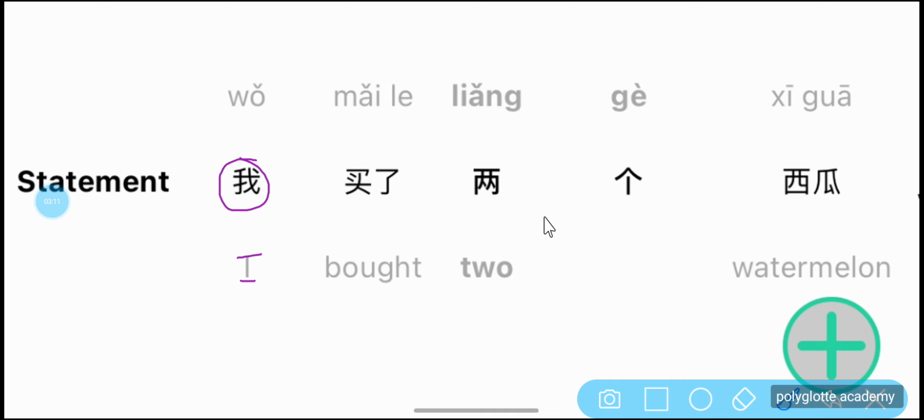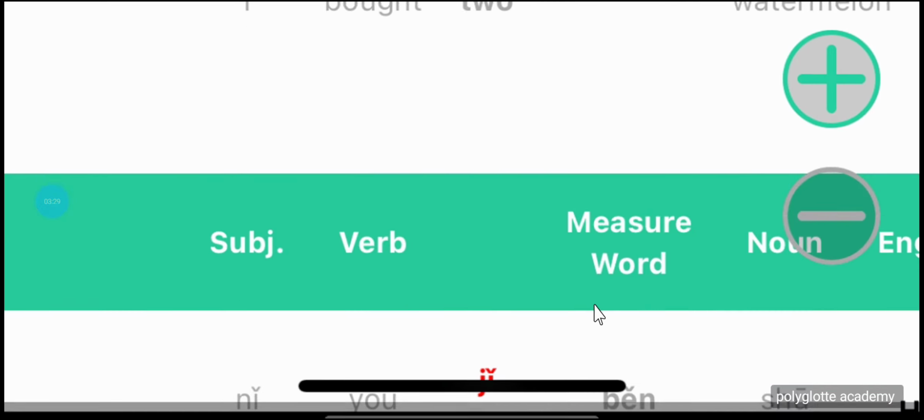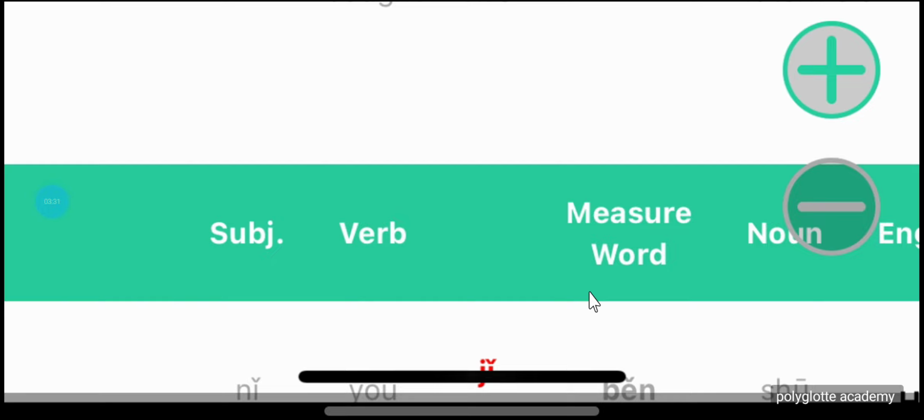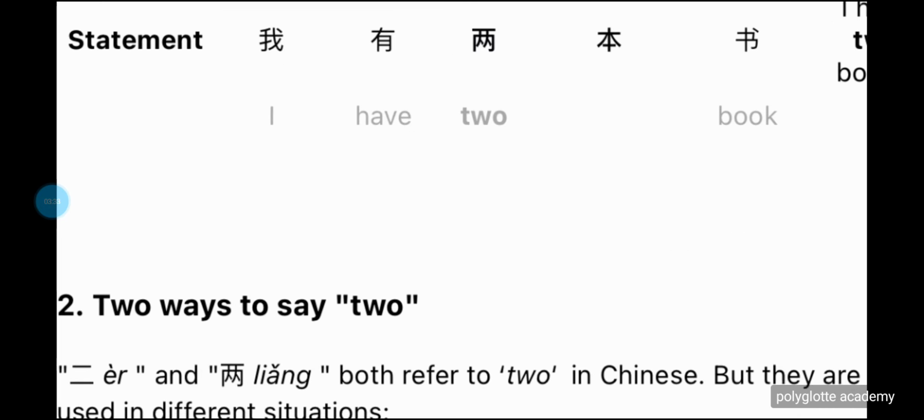So I bought 2 watermelon. 两个西瓜. 我买了两个西瓜. 非常好. 好，继续. So let's move on to the next screen.